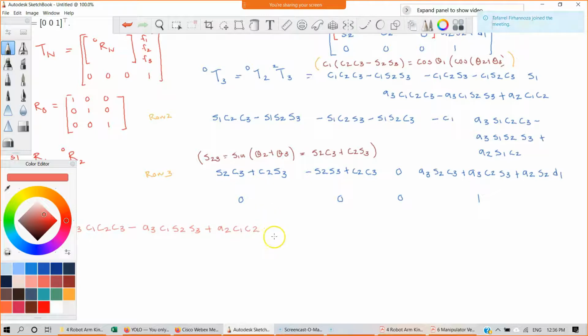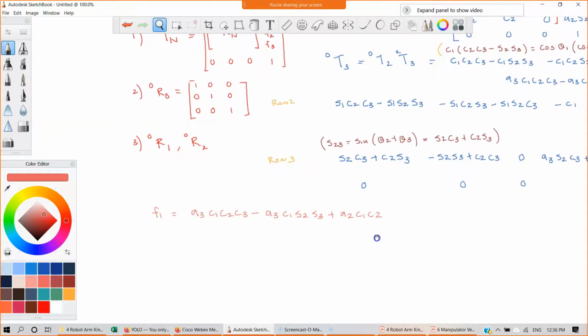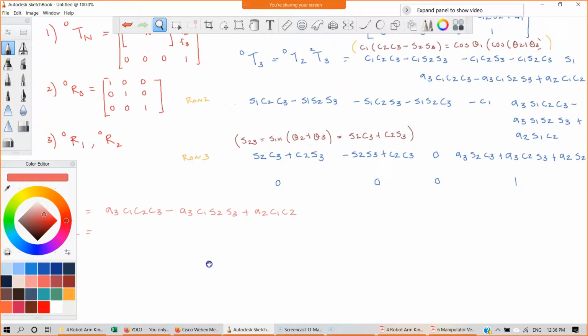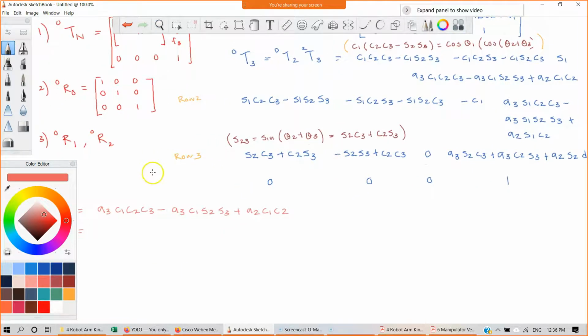Okay. What is F2? F2 is this part right here, right? It's A3.